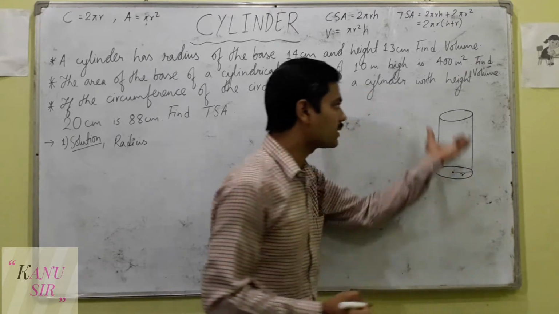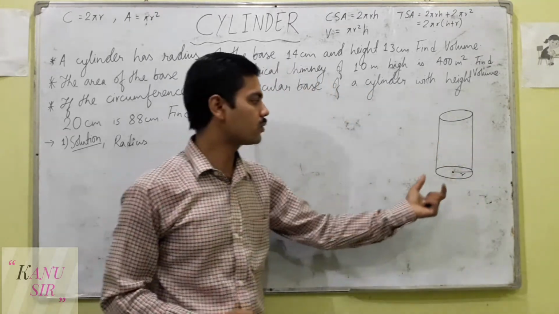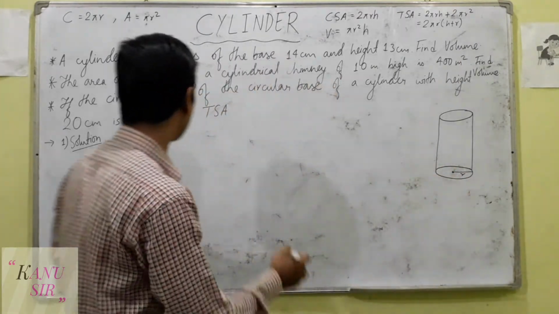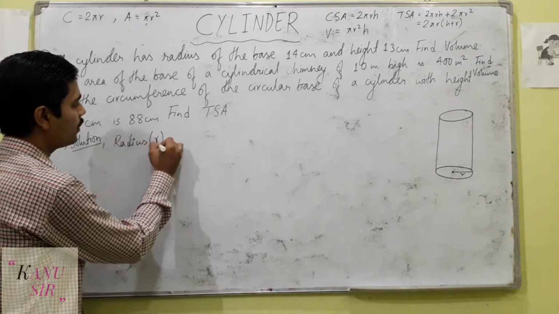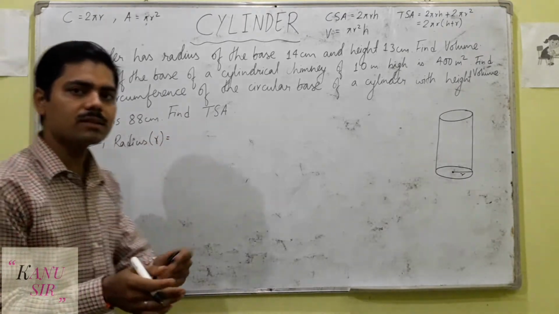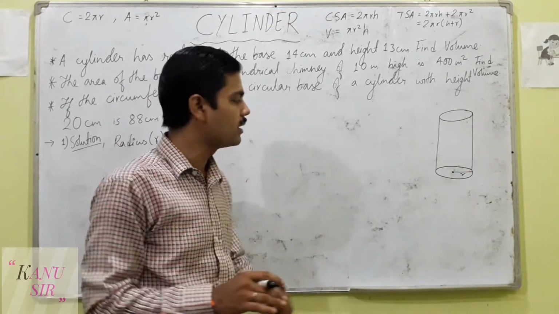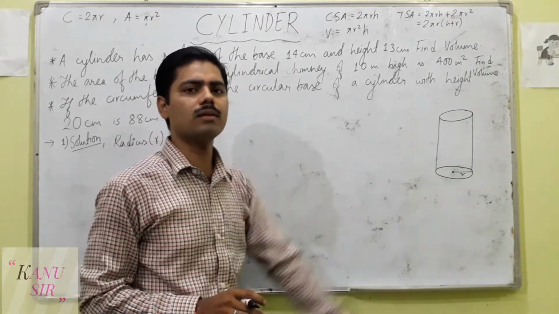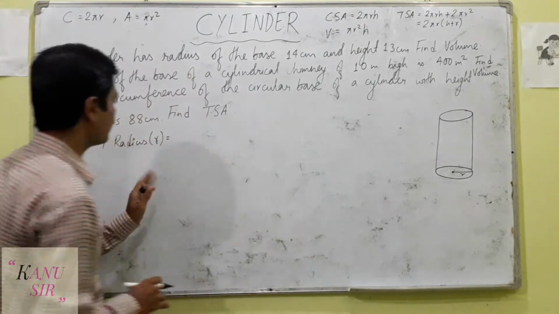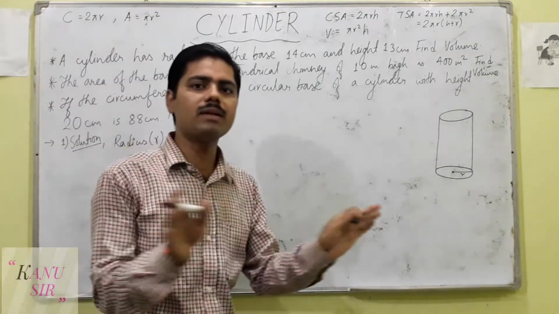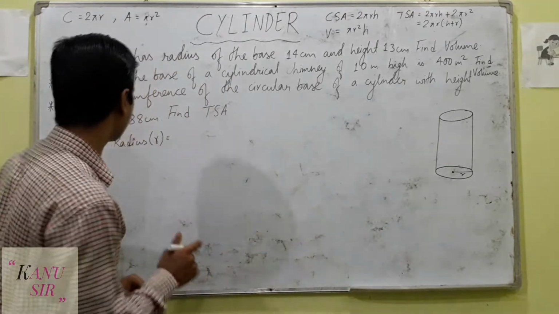The radius inside the circle is denoted as r. You can write small r, but some teachers and some books denote it as capital R, so there is no big difference. You can write any other letter for the radius, even A, and that doesn't make any big difference while solving.